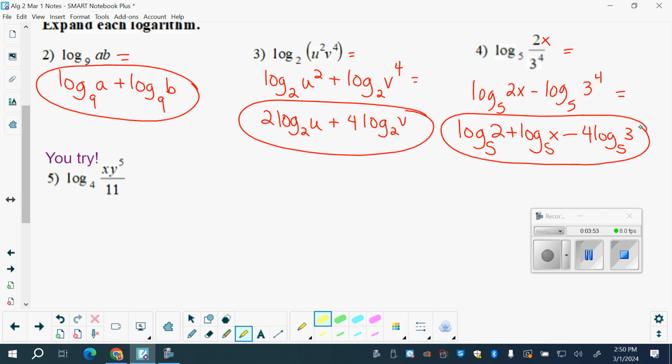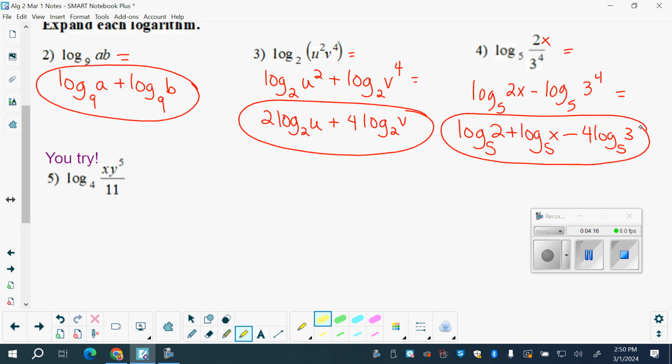This is y to the 5th. So what about the x? So the 5 is not there.